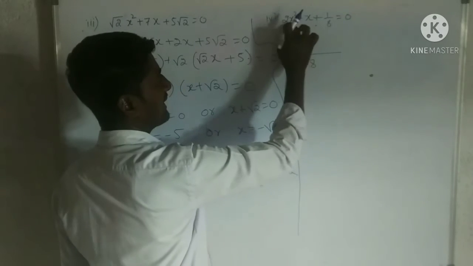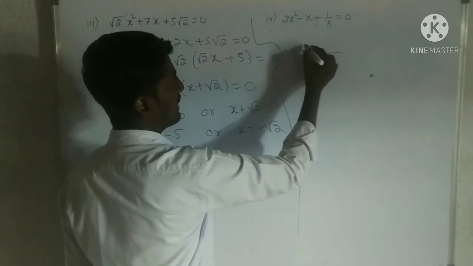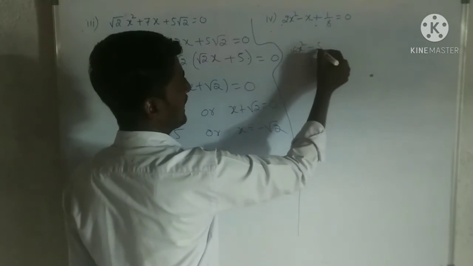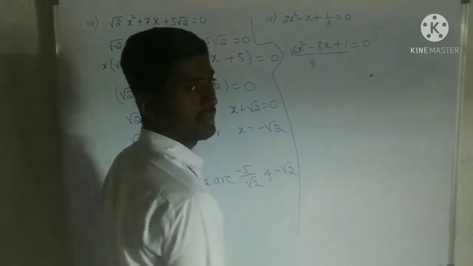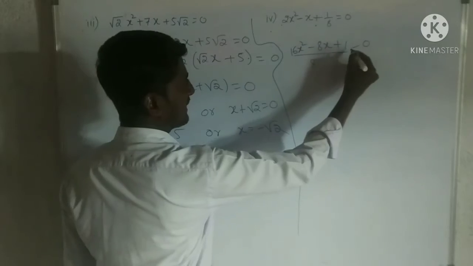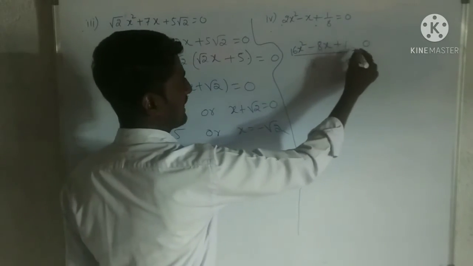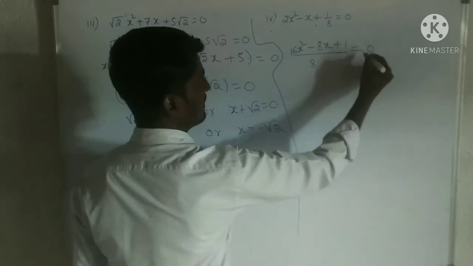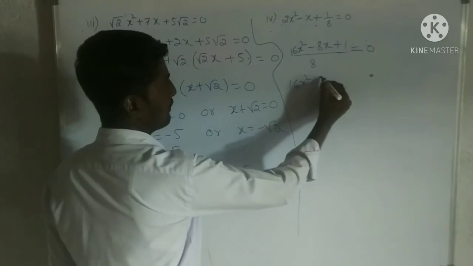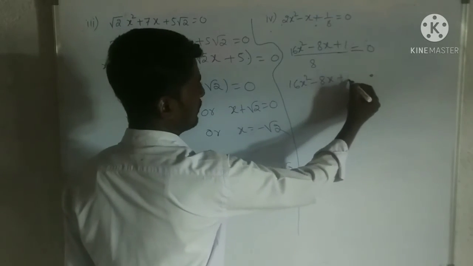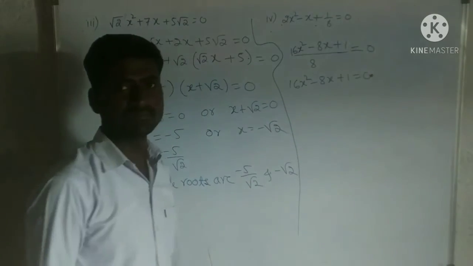What will we get here? 16x square minus 8x plus 1 is equal to 0. Now you send this 8 to the RHS side. What you will get? You will get it as 0 only. 16x square minus 8x plus 1 is equal to 0.